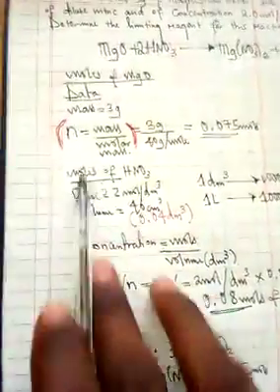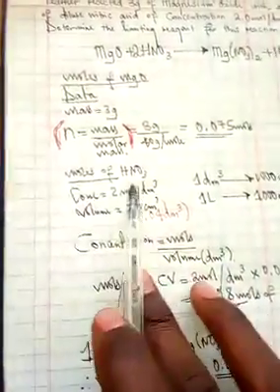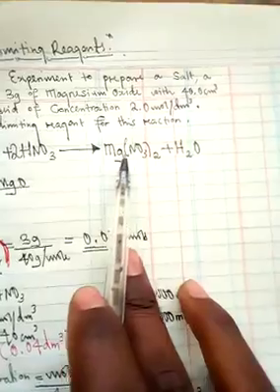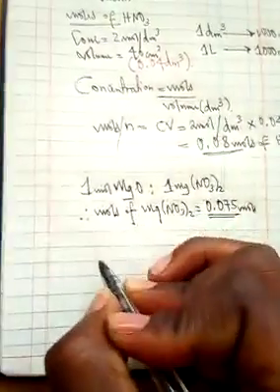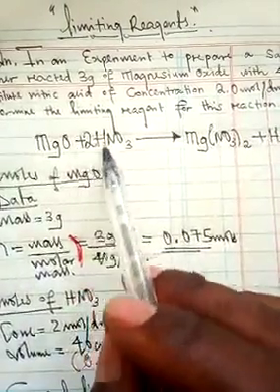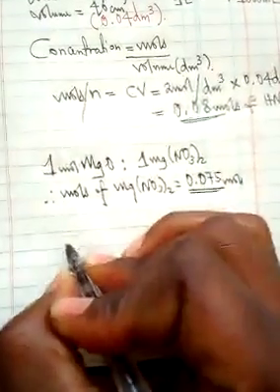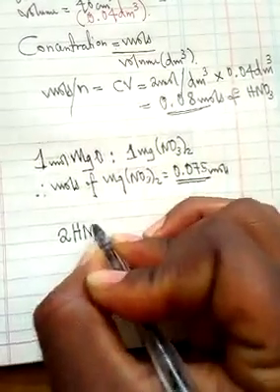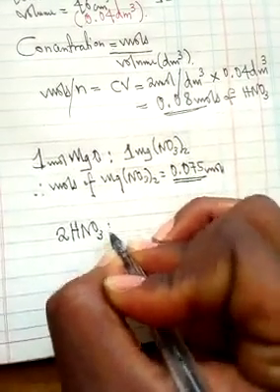What about nitric acid? Let us see how we can use nitric acid now to determine the number of moles of magnesium nitrate. Same procedure, you're going to create your mole ratio. Look at your nitric acid. Nitric acid has a coefficient of 2, so you're going to write 2 here.